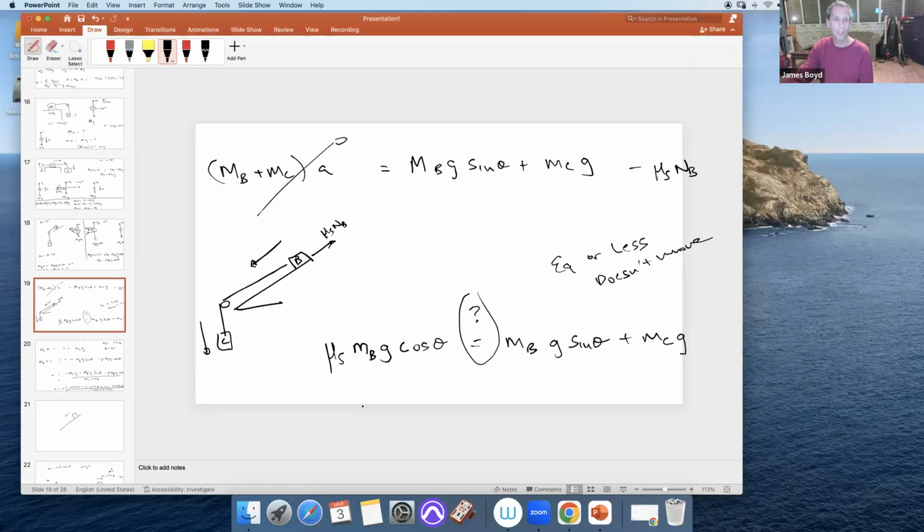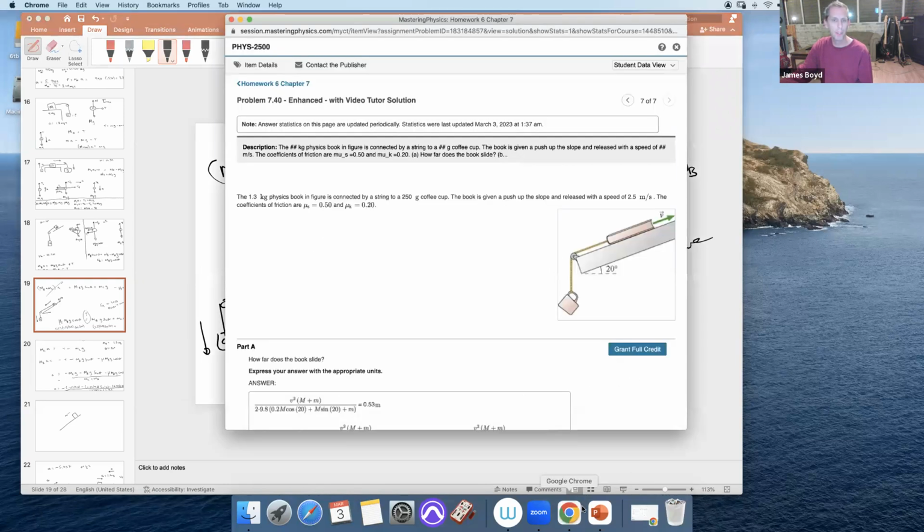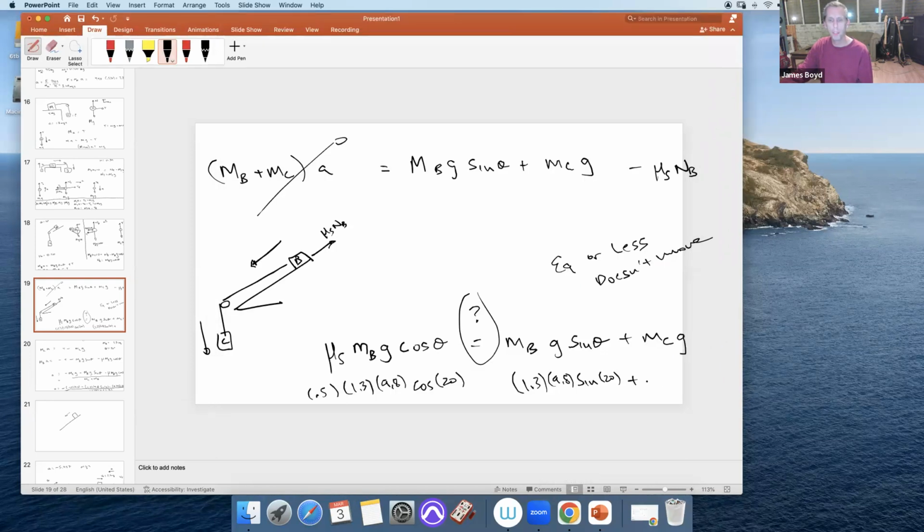Mu s was 0.5, so this is 0.5. This was 1.3, this is 9.8, and this is cos of 20. This is 1.3, 9.8, sine of 20, and I forget what it was, 0.25? 0.25 times 9.8.